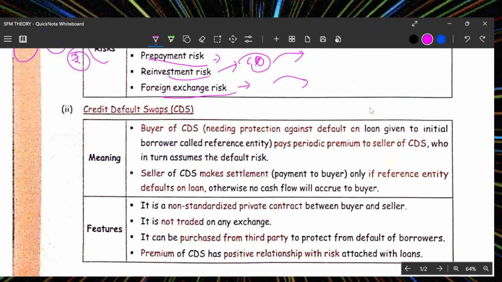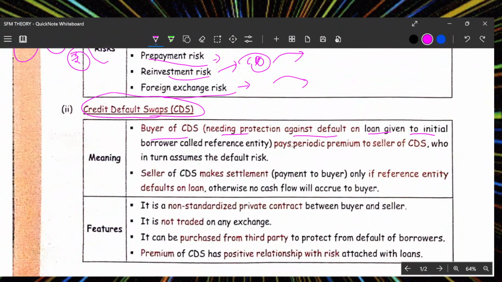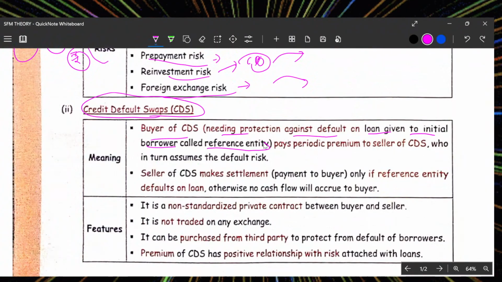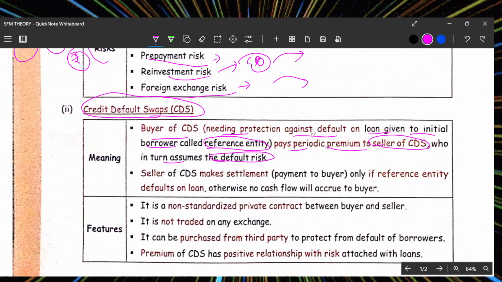Credit default swap. What is credit default swap? A buyer of a CDS needing protection against default on a loan given to the initial borrower, called the reference entity, pays a periodic premium to the seller of the CDS, who assumes the default risk.